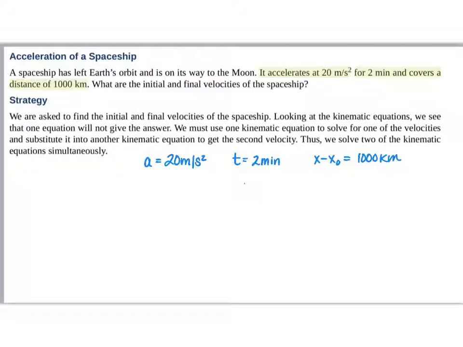Notice this I wrote as a distance between where it ends up and where it started. But we could actually say that x naught is 0, and that would make it easier. In any case, the first thing I wanted to mention is that the information that's been given to me isn't in the units that we would want to use.